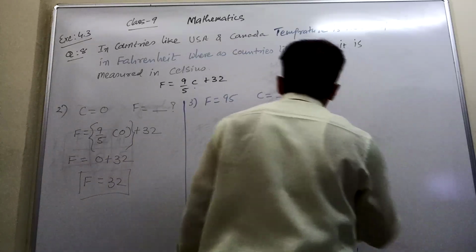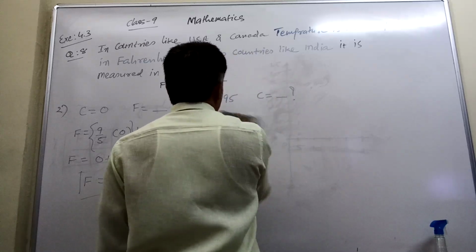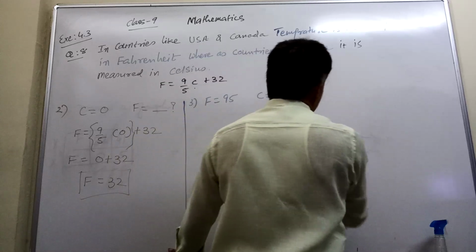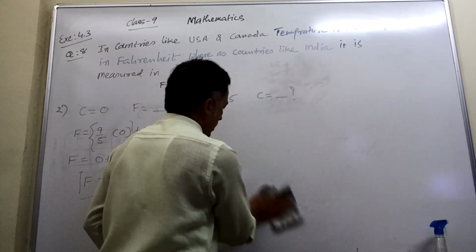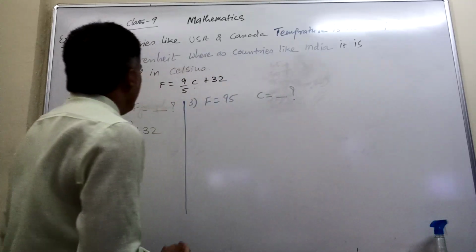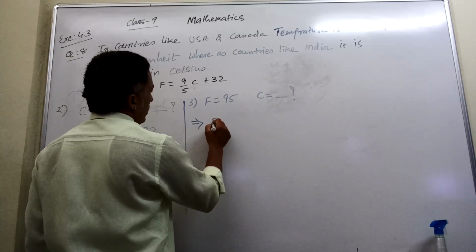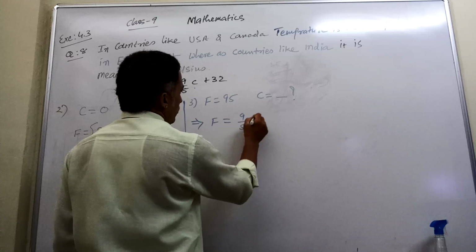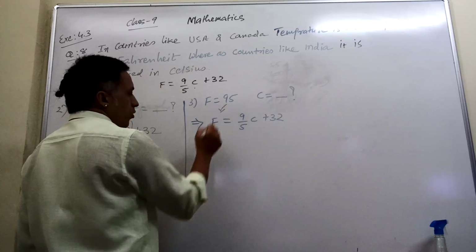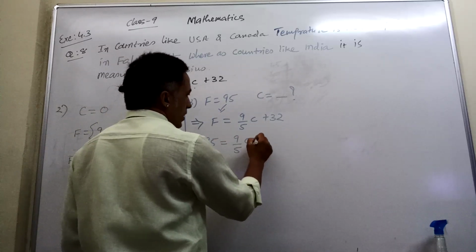Here, as previously, in the same way, we will substitute the values as per the given instruction and solve the given linear equation: F is equal to 9 upon 5 into C plus 32. Now I am substituting this value over here, so I will have 95 equals 9 upon 5 into C plus 32.